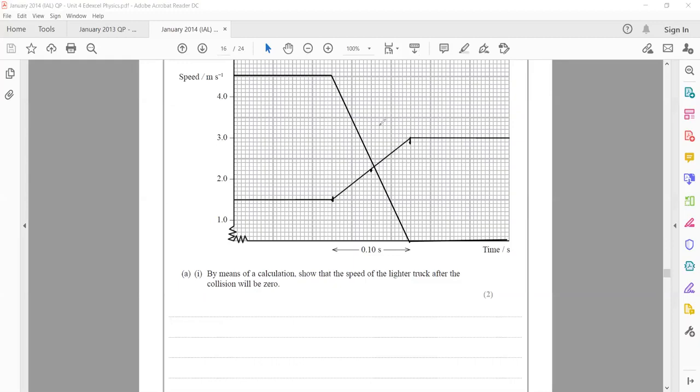So for the halfway or midpoint during a collision, we'll find the speed of object 1 and the speed of object 2.